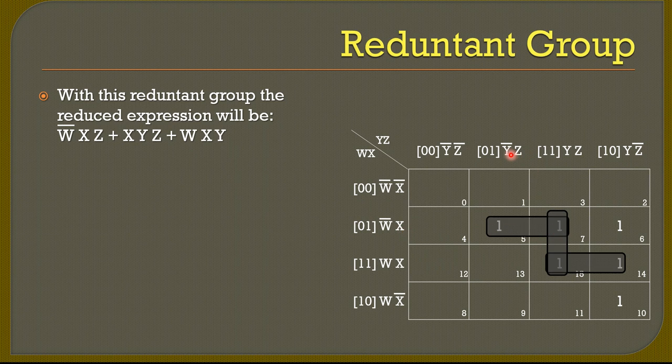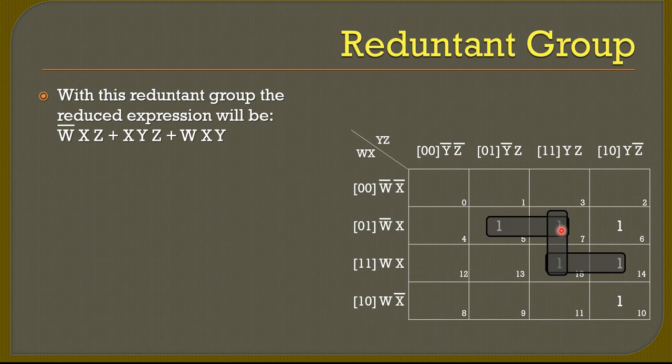Taking the columns, y dash z for column 2 and y z for column 3. Now y dash is changing its state to y, so you have to remove y, and z is constant, so it stays. So the expression you get is w dash x z for pair 1.